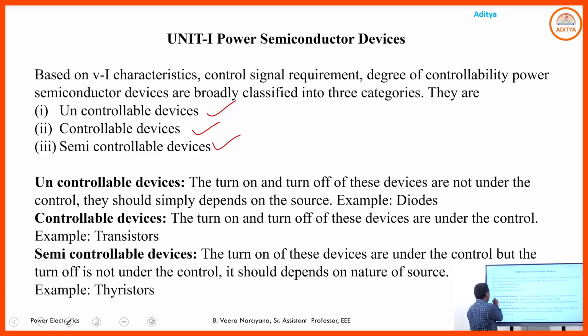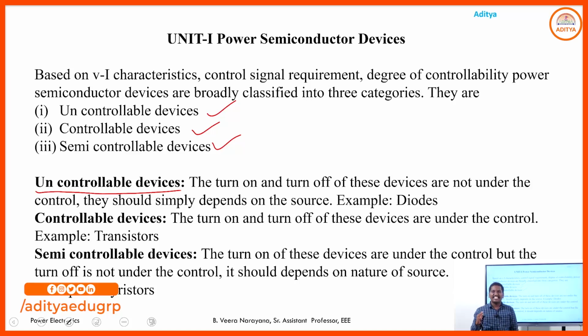First we go through the uncontrollable devices. For these devices, the turn on and turn off are not under control. They simply depend on the nature of the supply. So if the turn on and turn off of a device are not under control, those are simply called uncontrollable devices.